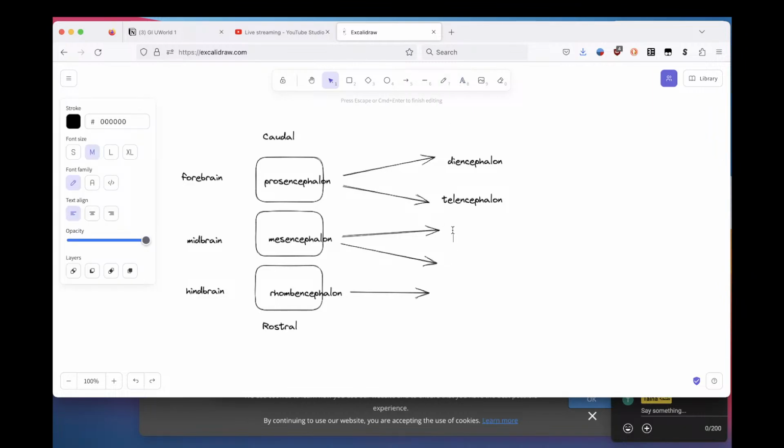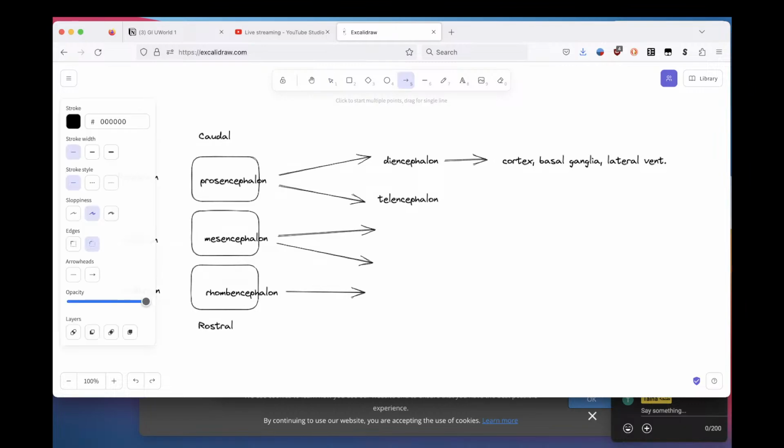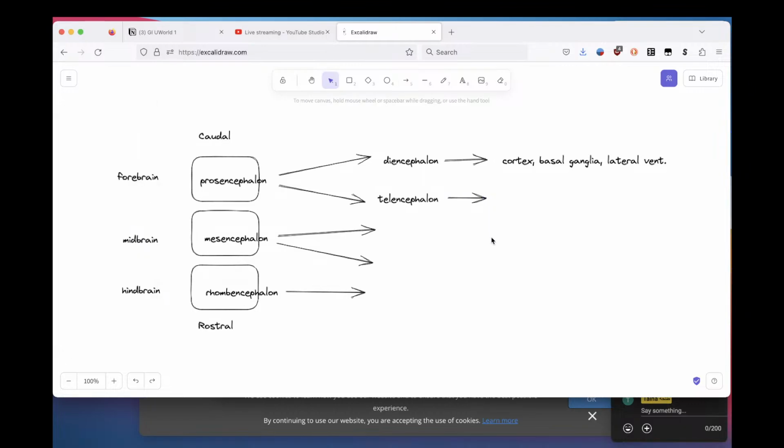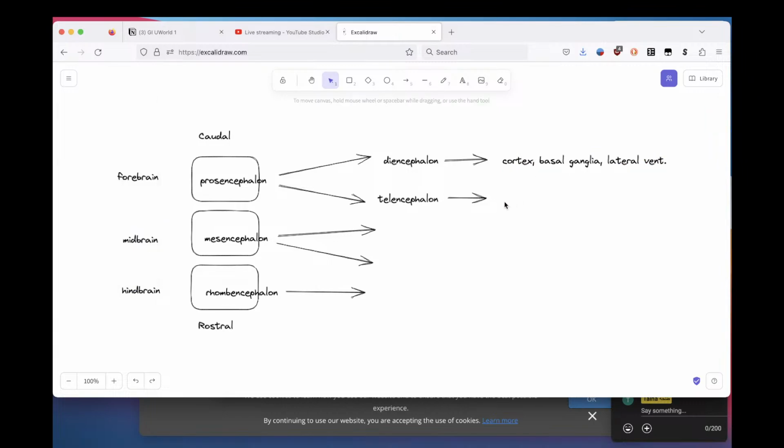Okay, so I know this one becomes cortex, basal ganglia, lateral ventricles. What about the telencephalon? It's hard to say, because would the thalamus be part of the basal ganglia?